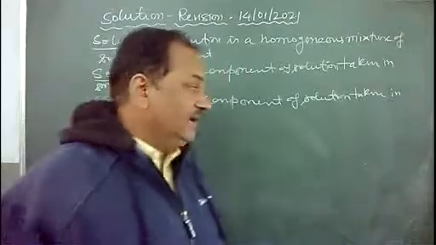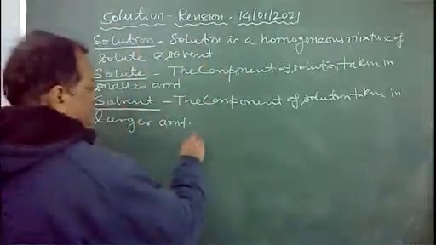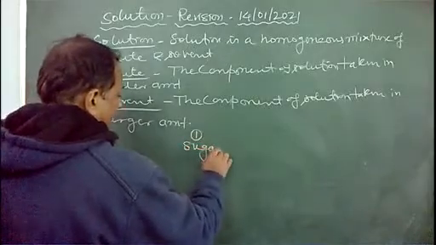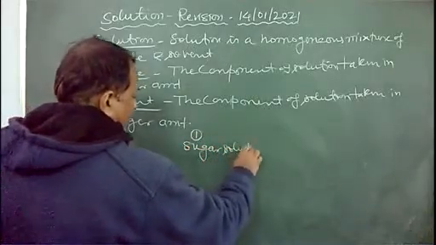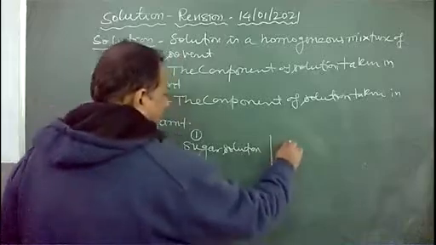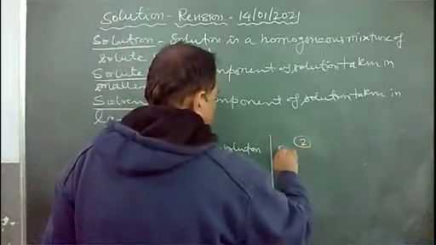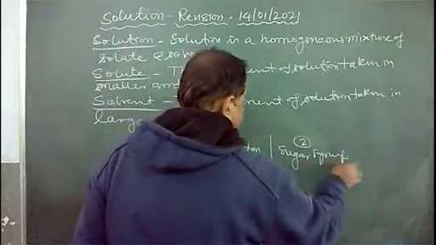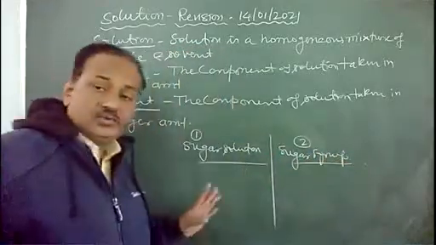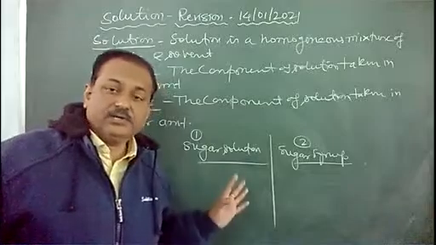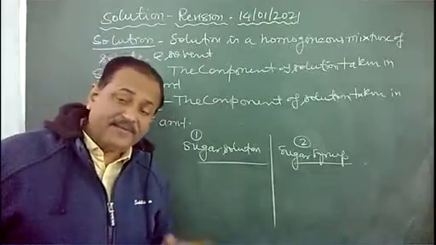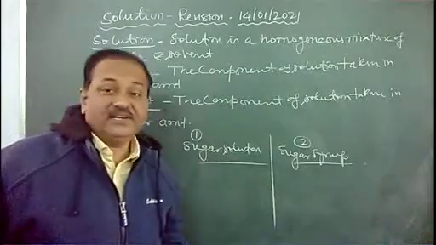Like, I am citing two examples. First is sugar solution. Second example is sugar syrup. Now in sugar syrup and sugar solution, both are made up of sugar and water, but there is a difference in the amount.